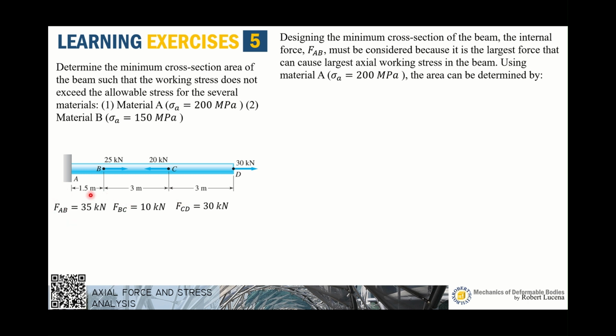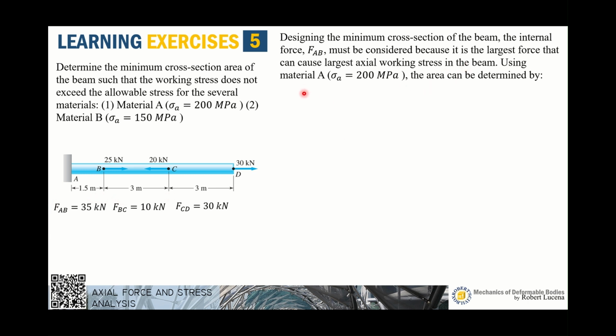So, it is safe to use this 35 kilonewton because it will most probably require the highest value of area, because it's the critical value of your internal reaction. Compared to the other two internal reactions, this FAB will require material with greater cross-section.